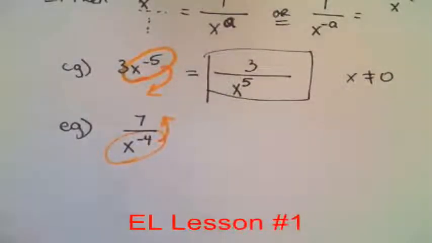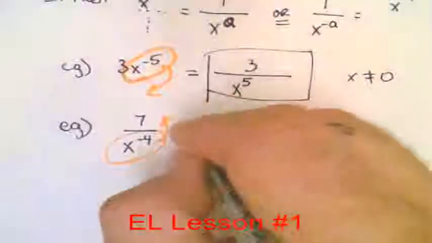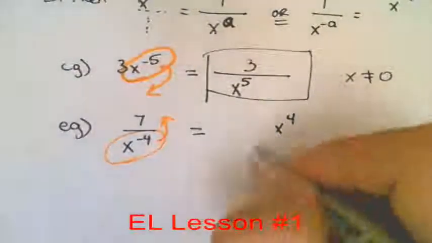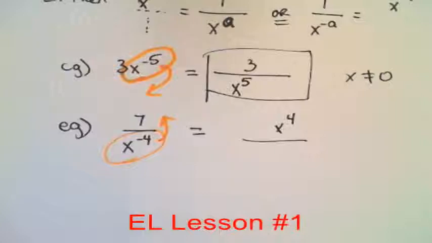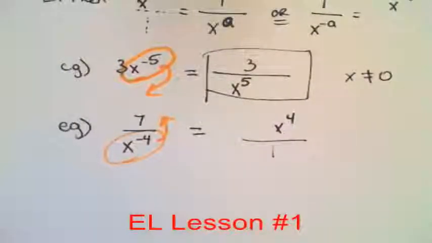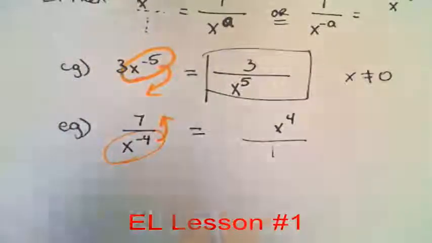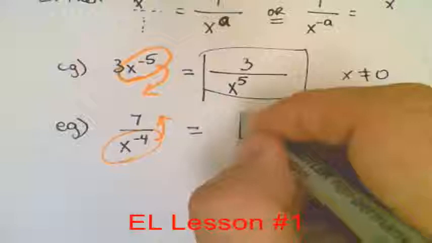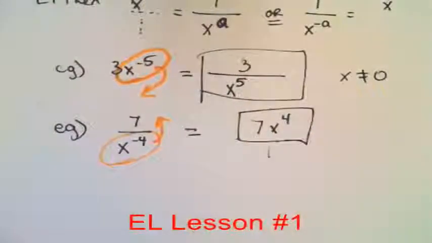If I had 7 over x to the negative 4, this is all well and good, except for the fact you can't have that negative exponent. So it has to flip up. You're just flipping that portion. So now the x to the negative 4 is going to be x to the positive 4, in the numerator.